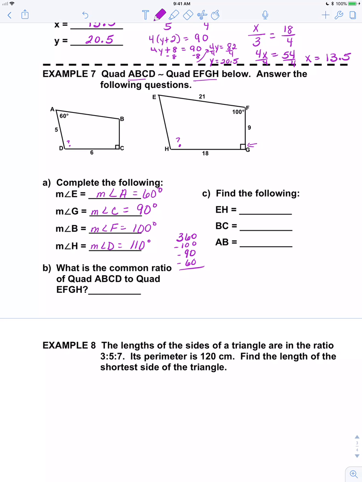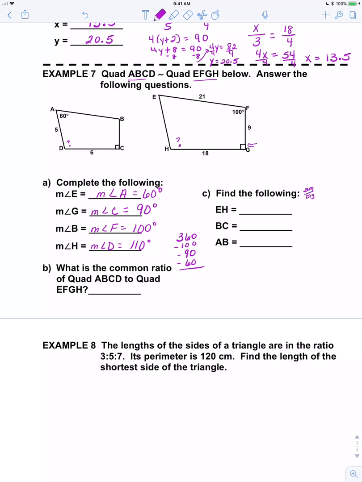Okay, so now it's telling us to find all of the remaining side lengths. So EH, we don't know, but we know its corresponding side is 5. So we're just going to set up proportions for all of these. So let's go small this time to big.